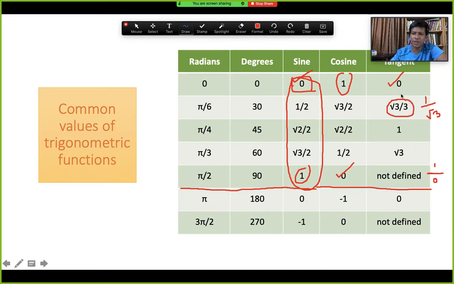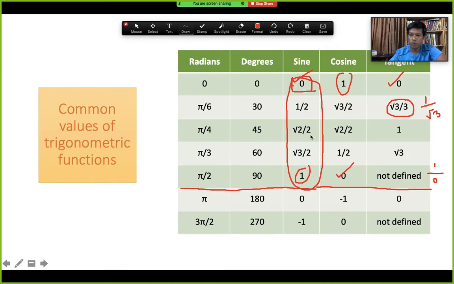Now you can say, sir, by dividing sine and cosine, we always get this. That's for sure, of course. You will not have to keep anything else in mind here. If you know this one line, from this line you get this. Then from dividing sine by cos, you will get this line. 0 divided by 1 means 0. 1 by 2 divided by root 3 by 2 equals root 3 by 3.